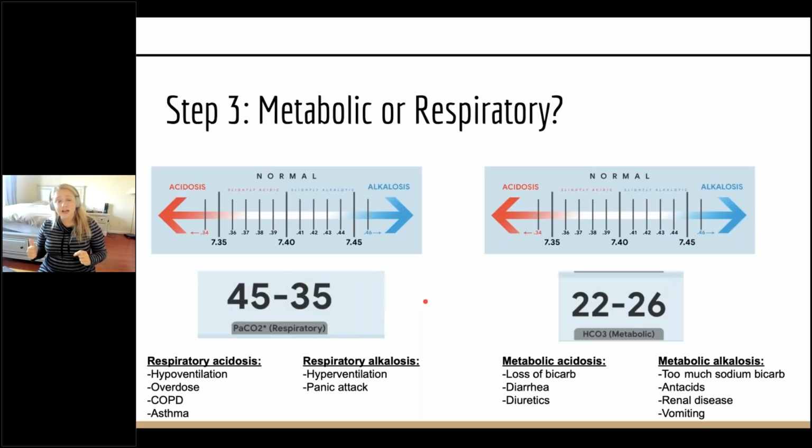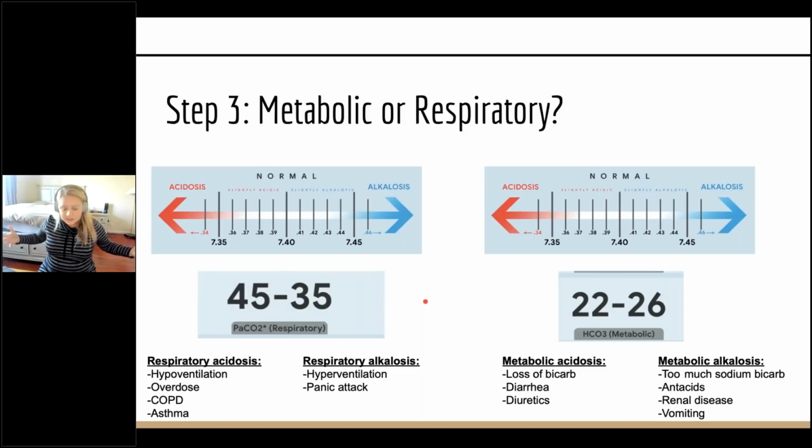On the other side of the spectrum, not enough CO2, less than 35, correlating with a high pH, an alkalosis. If those go together, you see a high pH and a low CO2, they correlate, you have a respiratory problem. That's a respiratory alkalosis. And that's caused when we breathe too much.